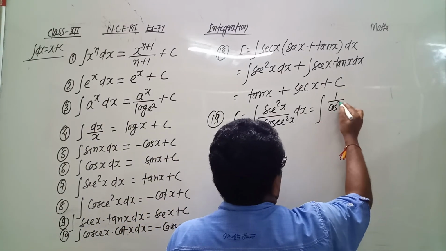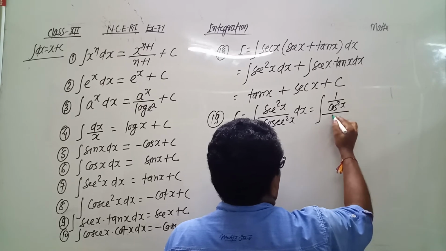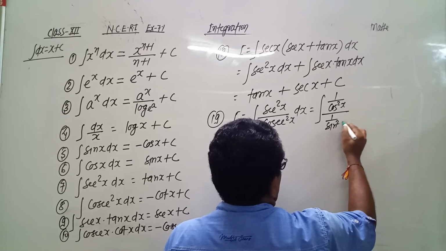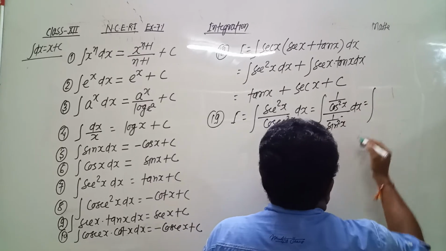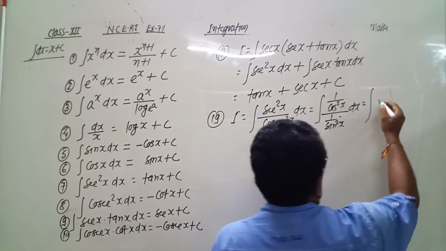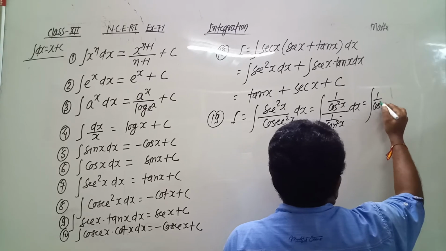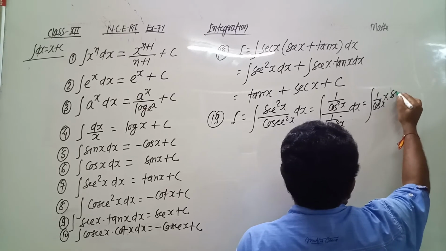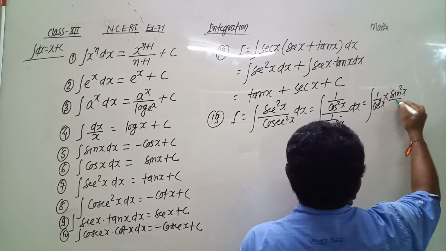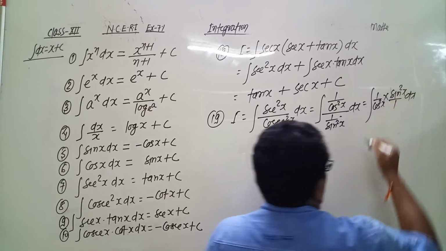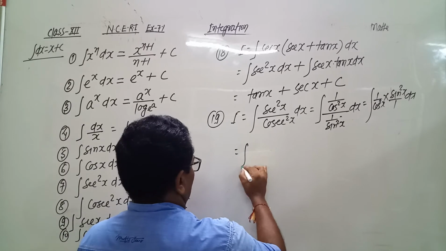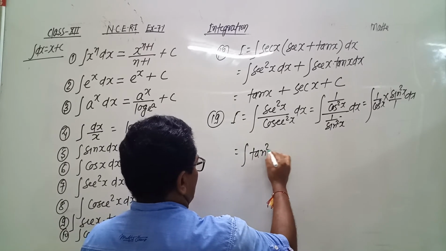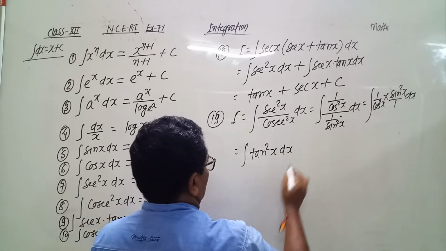Sec square x is written as 1 by cos square x and cosec square x is written as 1 by sin square x. So we get sin square x by cos square x dx. This is tan square x dx.